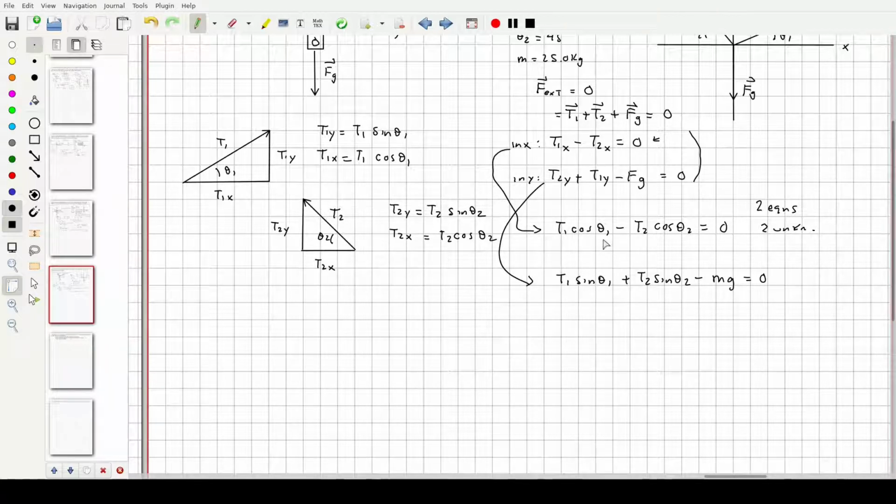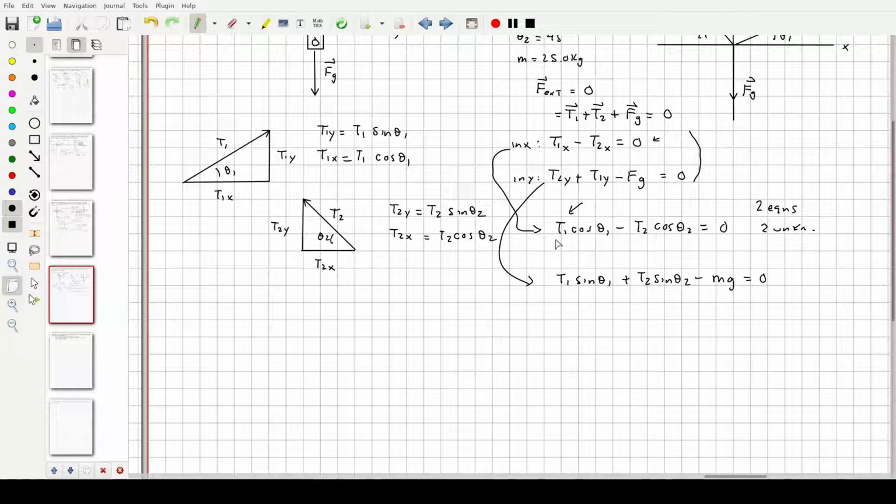Typically, you take one equation, solve it for, say, T1, and then every time you see T1 in the second equation, you plug it in. What you'll get is an equation entirely in terms of T2, and you can solve for it and then go back to the old equation and find out what T1 is. That's exactly what I'm going to do.